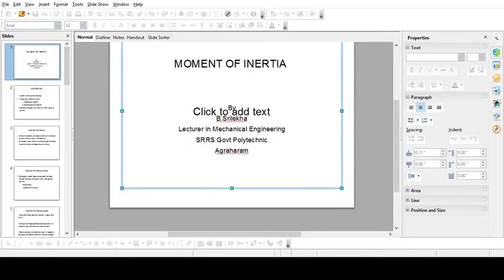The first moment of area about the x axis is simply Ix, which you can find by means of Ix equal to y into delta A. Now if I want about the y axis, it is Iy equal to x into delta A. If I want the second moment of inertia about the x axis, then Ixx is equal to integration of y square dA.